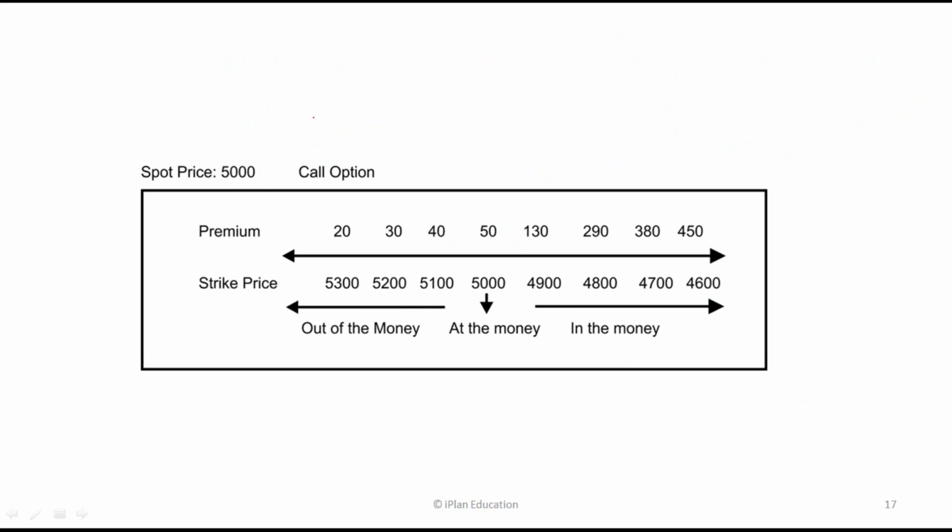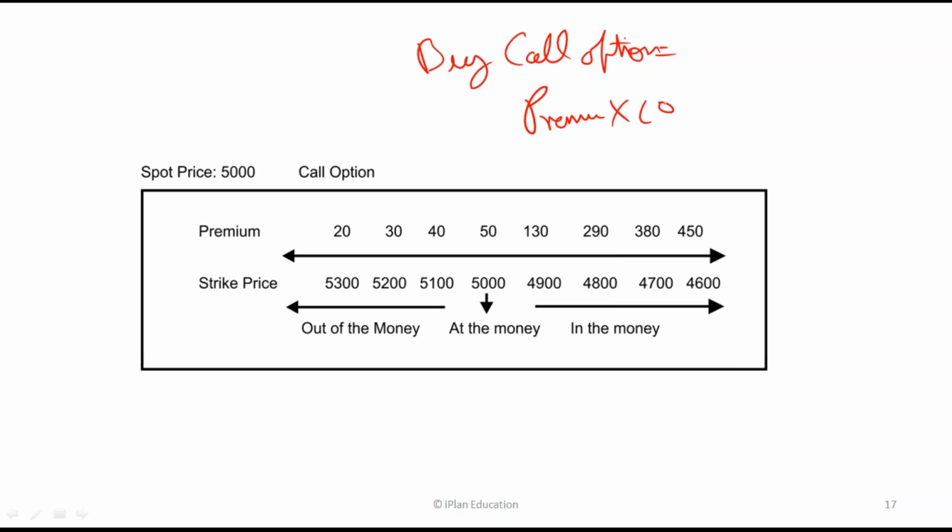Now, when we are trading online and buying an option contract, let's say I decide to buy a call option. How much do I have to pay? I have to pay premium into lot size. Let's suppose the Nifty premium for an at the money contract is 50. Lot size is 75.